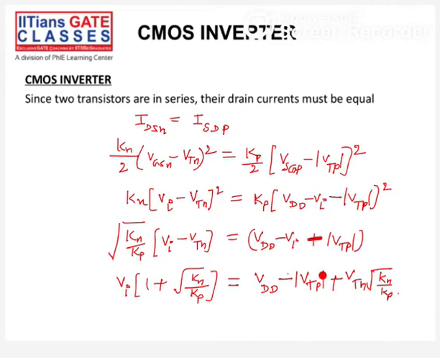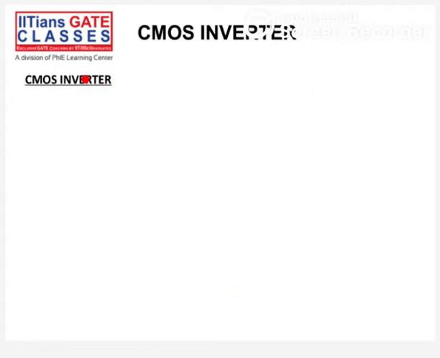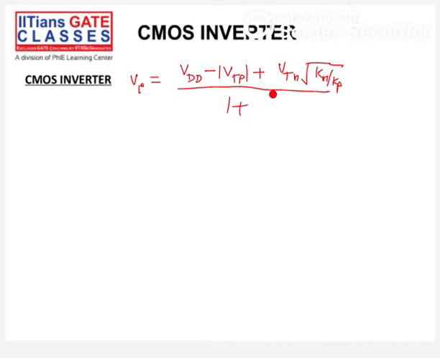So from this we can find out Vi. Vi expression we can write down here. What is that expression here? Vi is equal to VDD minus mod of VTP, and we can say plus VTN square root Kn divided by Kp, sorry, Kn divided by Kp is in square root, divided by 1 plus square root Kn divided by Kp.